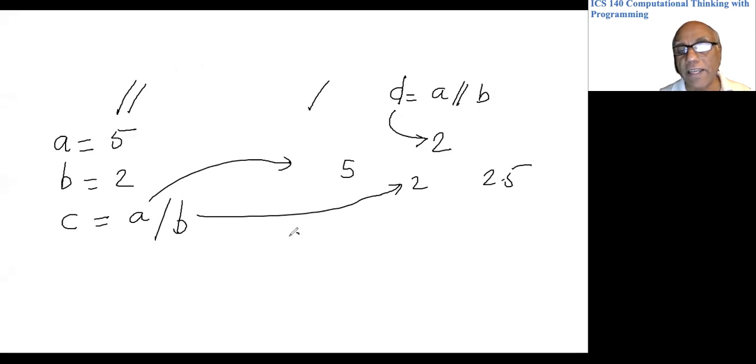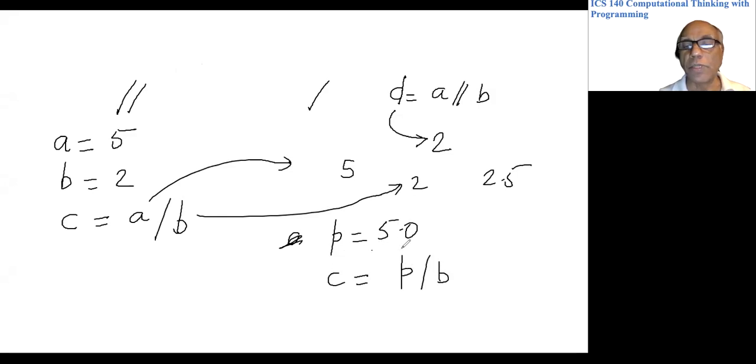Let's say we have p equals 5.0, and write c equals p divided by b. So p slash b. P is 5.0, b is 2, as before.